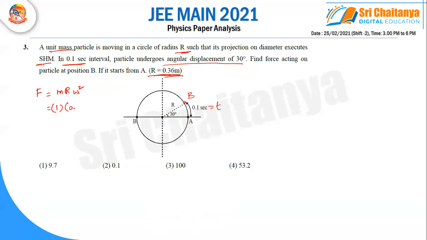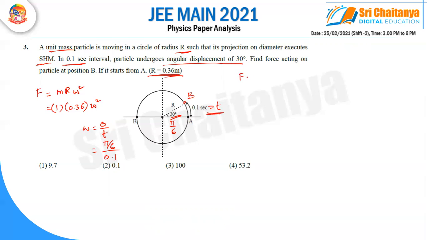R is 0.36 and omega square, I don't have the data. Omega is angular velocity, theta by t. Theta is given as 30 degrees, and 30 degrees is pi by 6. So I'll be taking this as pi by 6, and the time is given as 0.1.